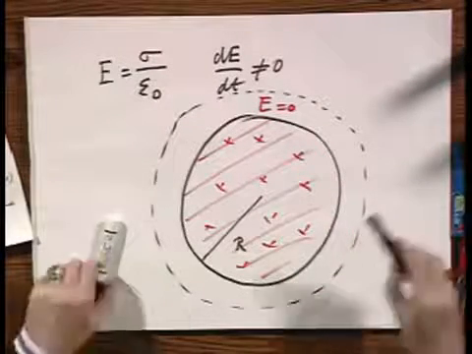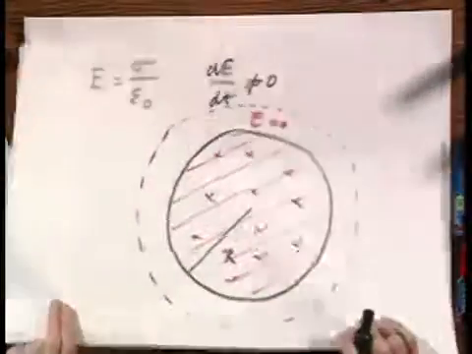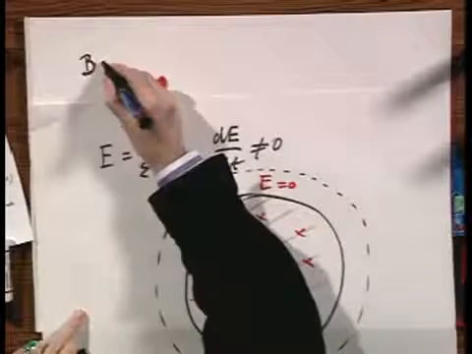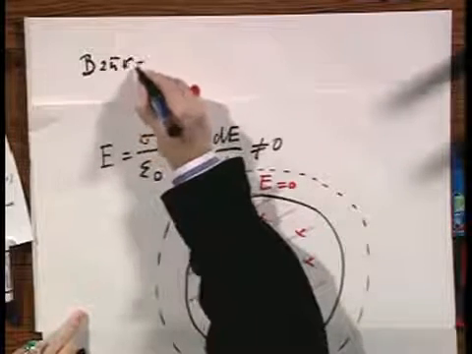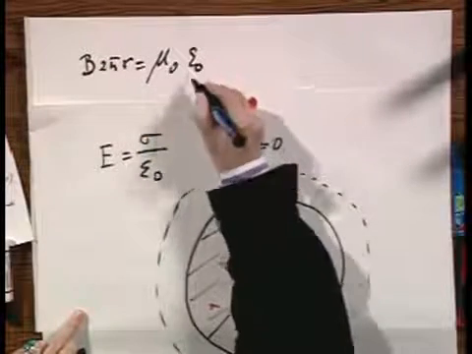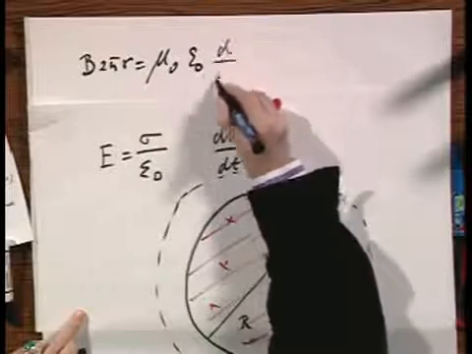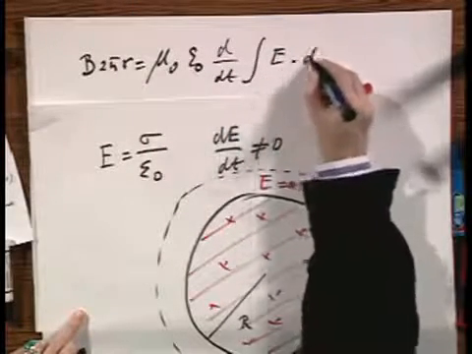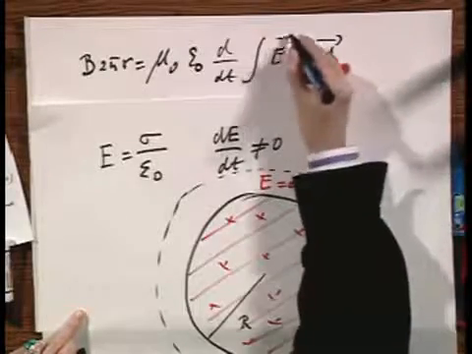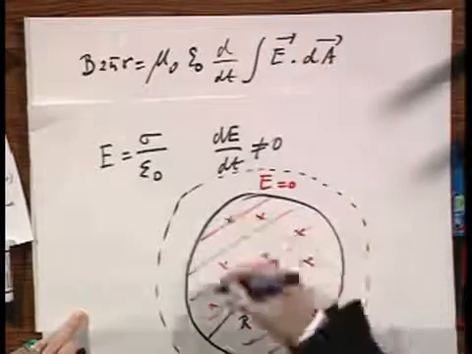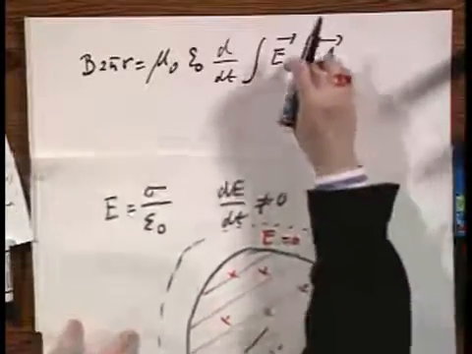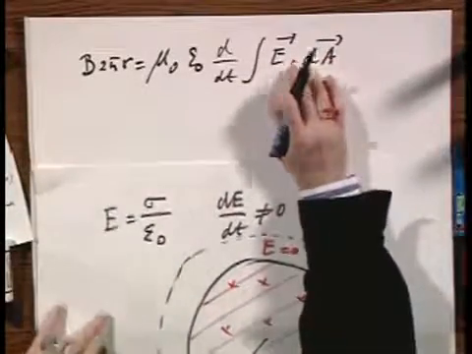Now I have to do the closed loop integral of B dot dl. B times 2 pi r equals mu0 epsilon0 d/dt integral E dot dA. And this is the surface, and E and dA are in the same direction, so I can immediately drop the dot product.